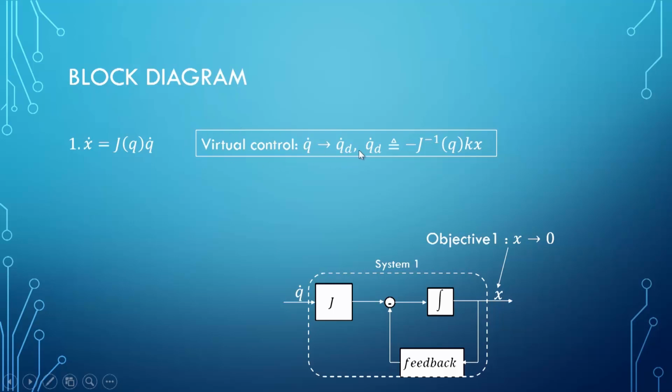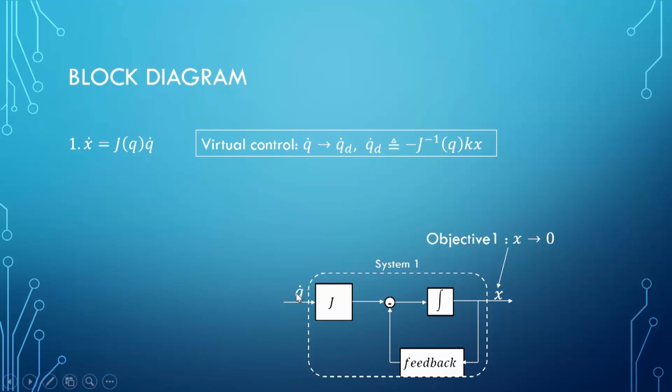This qd dot is the desired signal for this q dot. Any questions? So here the input is q dot, right? And q dot is the output of the second system.